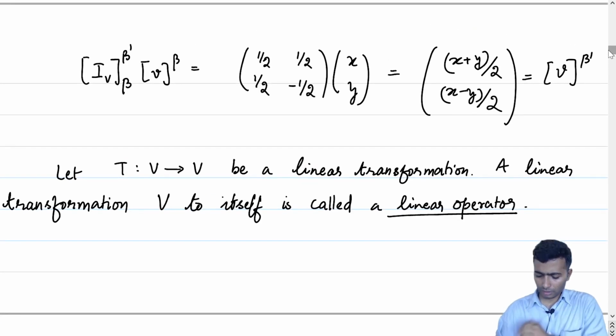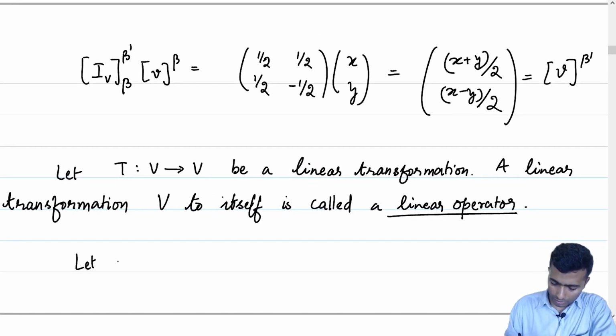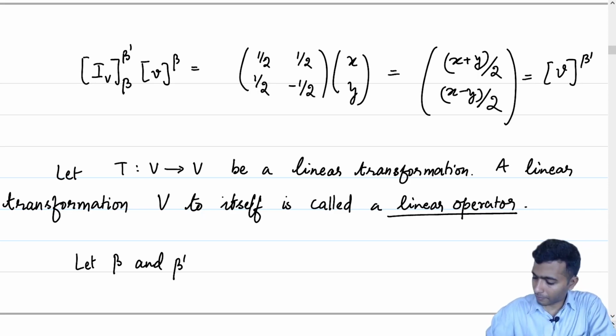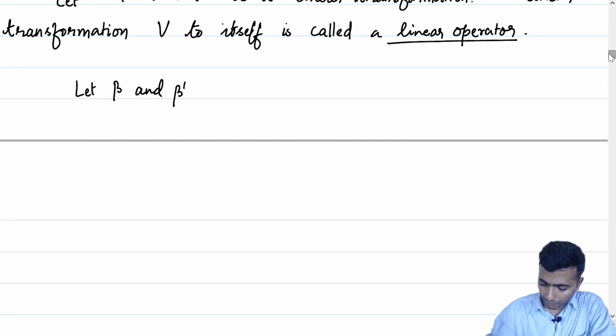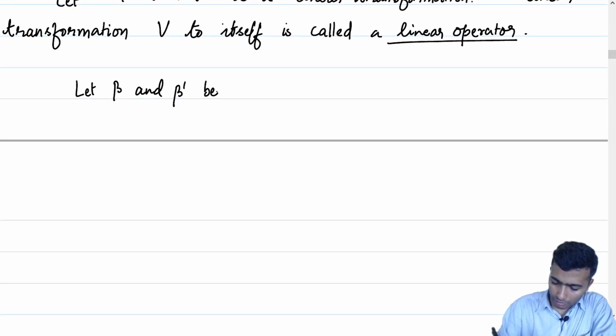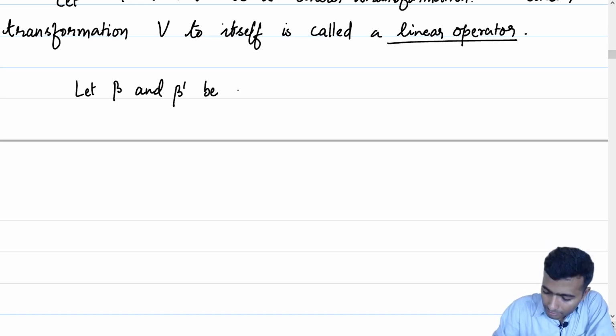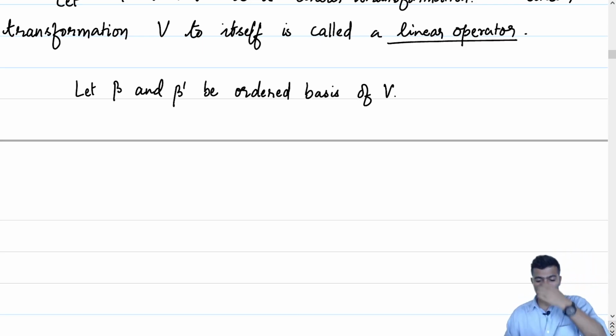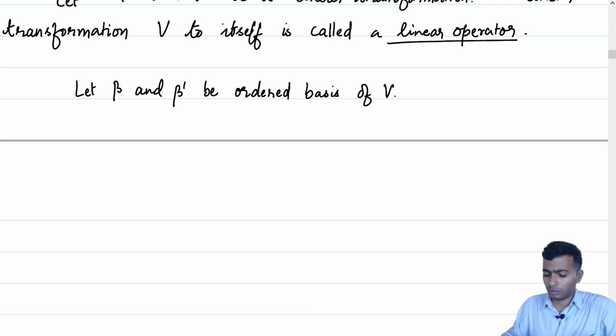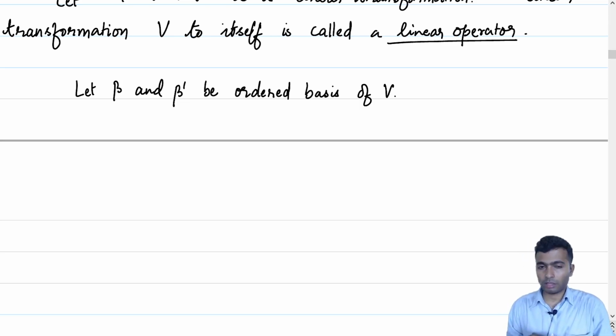So again, let's fix a basis. Let beta and beta prime be ordered bases of V. So consider two different ordered bases of V. Then we have a matrix of T with respect to beta and beta, and there is also a matrix of T with respect to beta prime and itself.